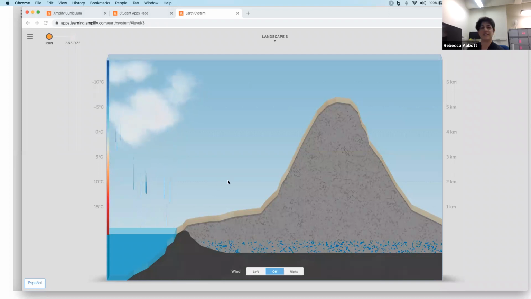All right, so I see some people saying, yep, I see some clouds, they are going up, I see some rain coming down, etc. So this is a typical thing that we might see when it starts to rain.